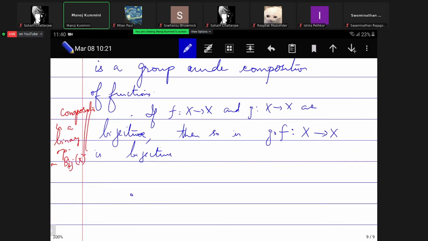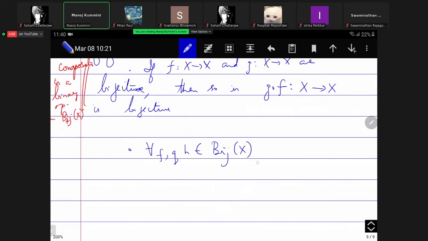This is somewhat tediously verified in the textbook, so please read it. For all f, g, and h in the bijective functions from X to X, (f composed with g) composed with h is the same thing as f composed with (g composed with h).